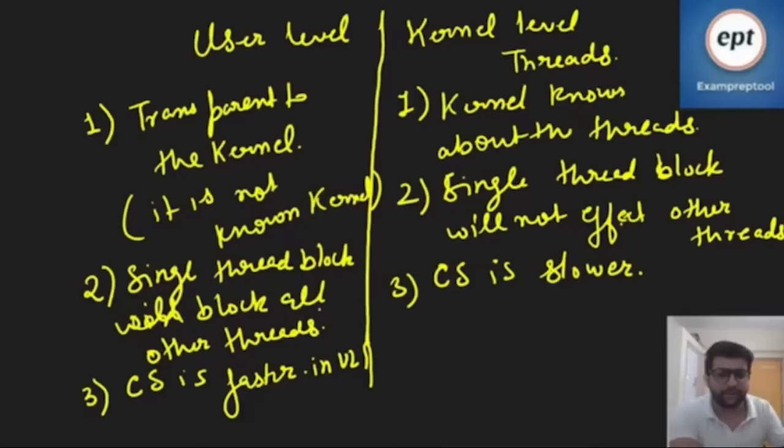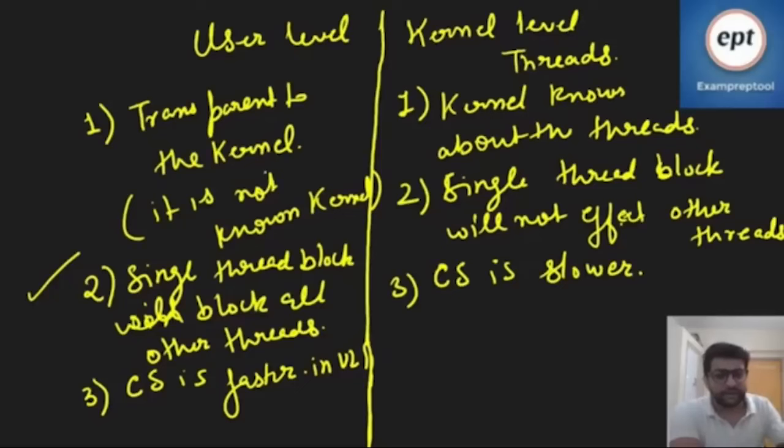You have to remember these points, and if there are many other points, we can just see the question and I will add points to this particular topic here. So just try to revise the concept of user level threads and kernel level threads. If you just remember this particular point that the user level threads are transparent to the kernel, then of course we can just derive the next points from this particular point, right?